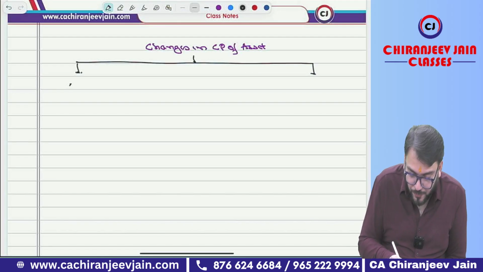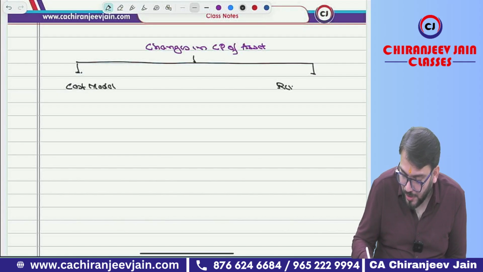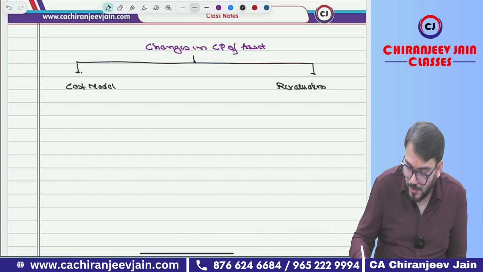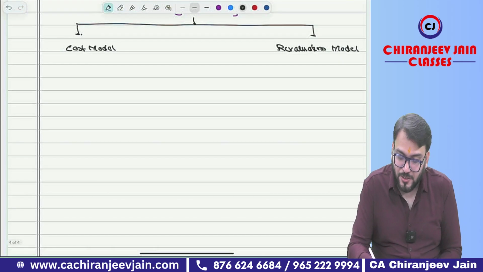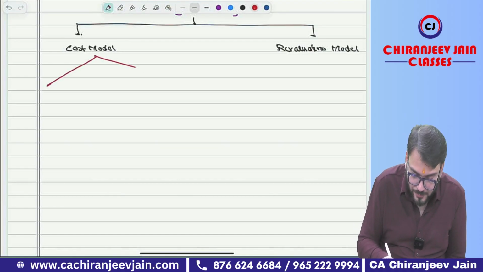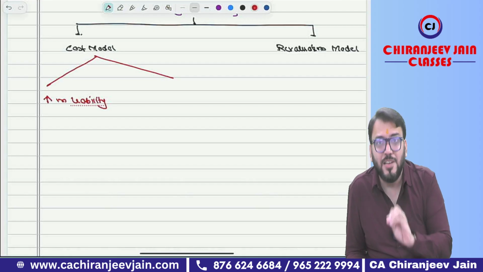The entity has opted for cost model or revaluation model. Now if there is a cost model, then either there will be an increase in liability, which means the provision amount will increase, or a decrease in liability.